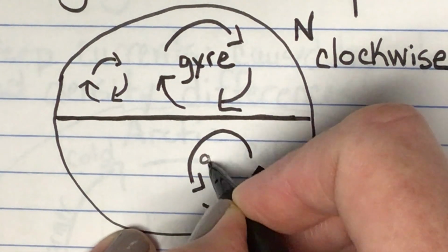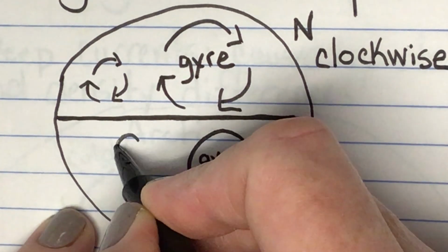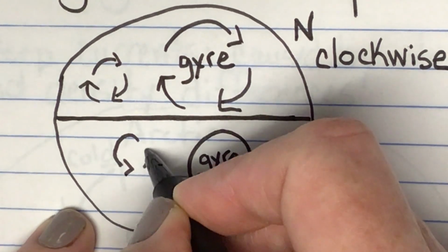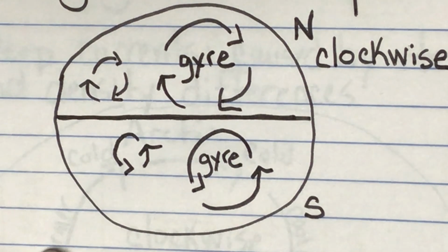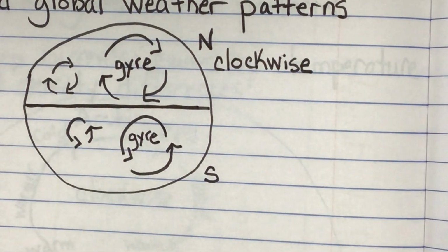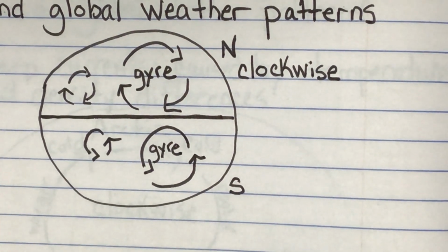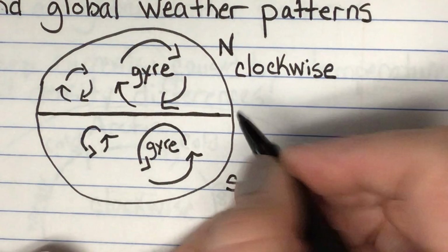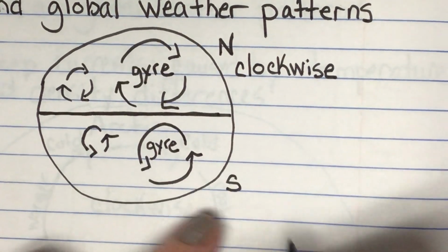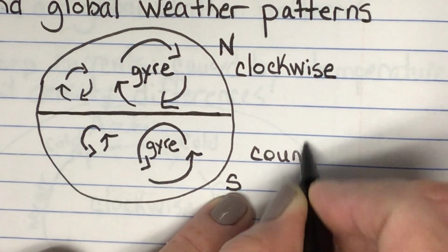So this is a gyre. I'll draw one more. Is this an accurate representation? No. We just wanted us to have the idea that northern gyres go clockwise, southern gyres go counterclockwise.